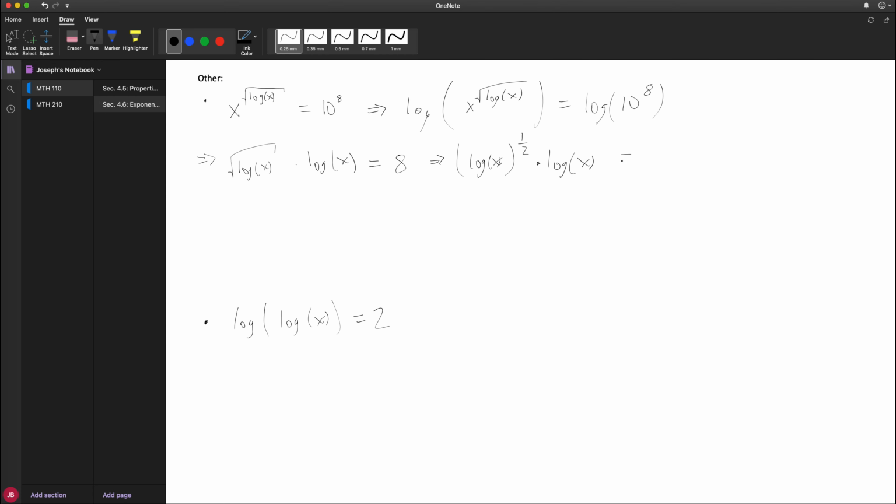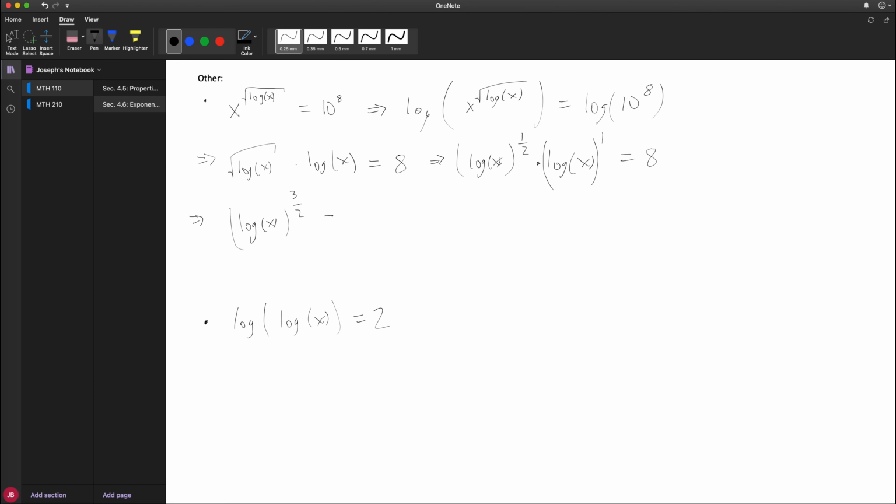And so technically this is to the first power. And so we have the same base here, and I'm multiplying, so I just add the exponents. So what this gets me is that I really have log x all to the 3/2 power. Right? Just add the exponents, 1/2 plus 1 is 3/2, equals 8.